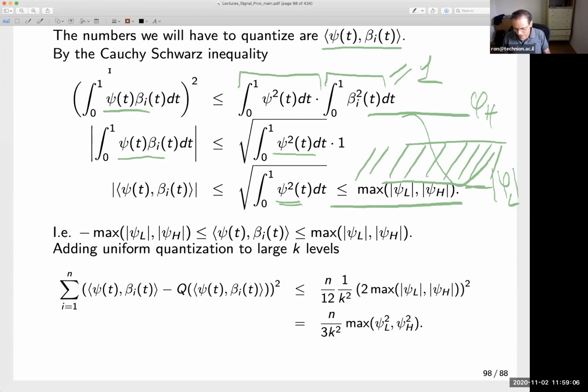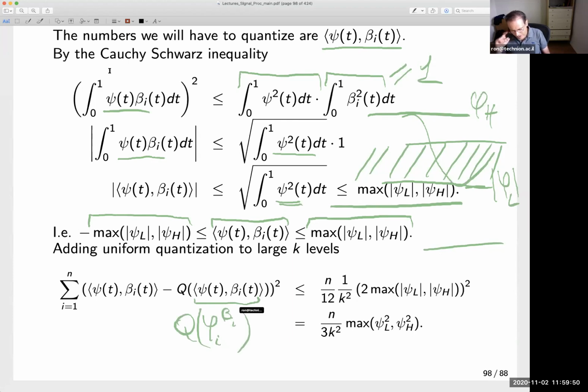Now, what we also know is that I can bound this projection between minus this value and plus this value. The only thing that I'm doing is saying that projecting psi onto the betas is bounded from above and below by the low or high value of the function. That's it. Now what we'll do is add uniform quantization to my betas. So I'm taking these, psi beta i's, or beta i's, and we quantize them.